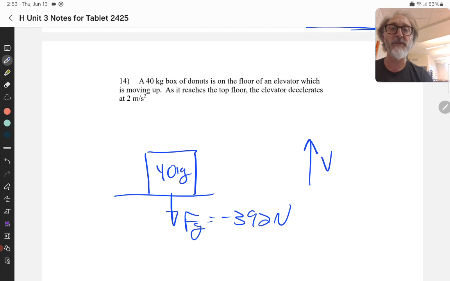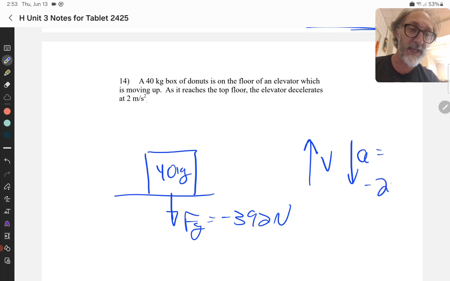As it reaches the top floor, the elevator decelerates, so my acceleration vector is going to be down, -2 meters per second squared. This doesn't make sense, because right now my only force is gravity, so it would be falling down at 9.8, but it's only accelerating at negative 2 meters a second squared.